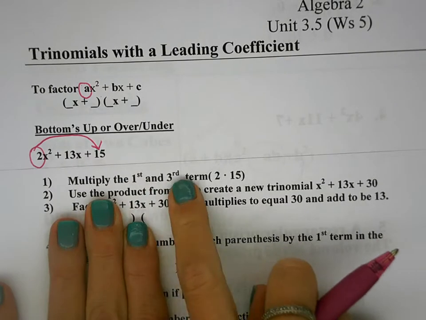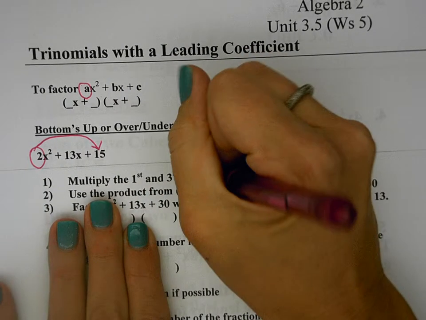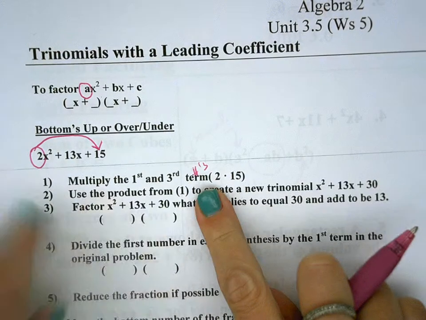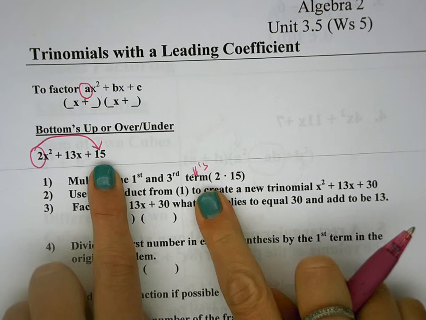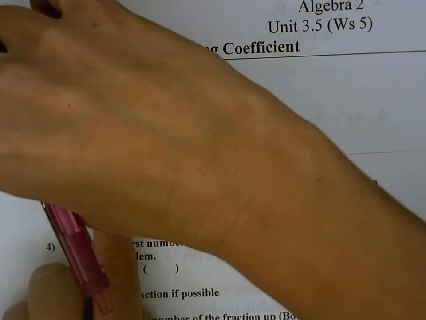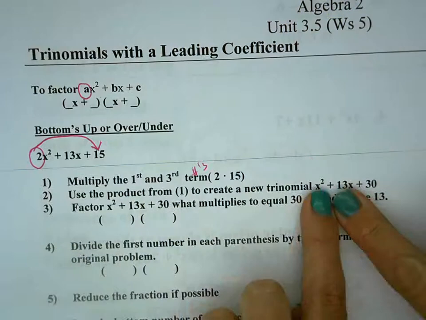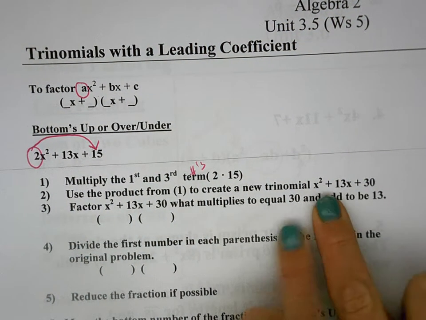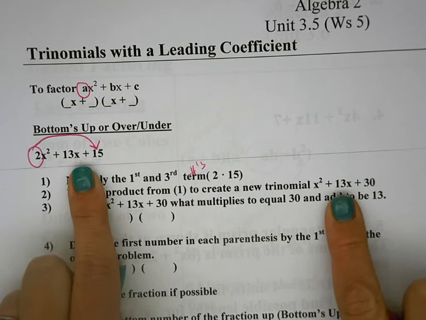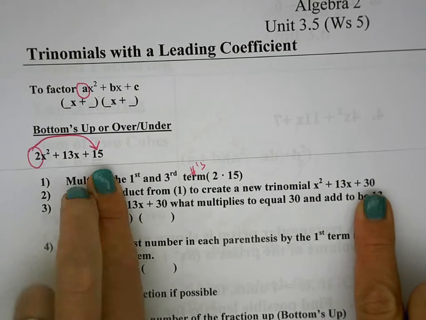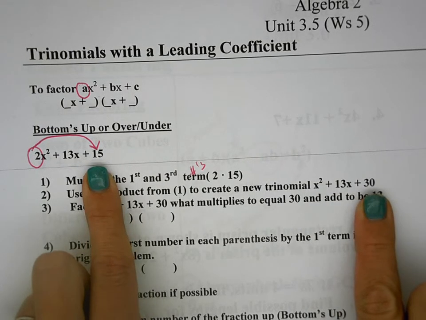And you multiply the first and third term numbers together. 2 times 15 makes what? So all we did was we removed this 2 and we brought it to the 15 and put them together. So we end up making a new equation, x squared plus 13x plus 30, because we multiplied the 2 and the 15 together to make the 30.